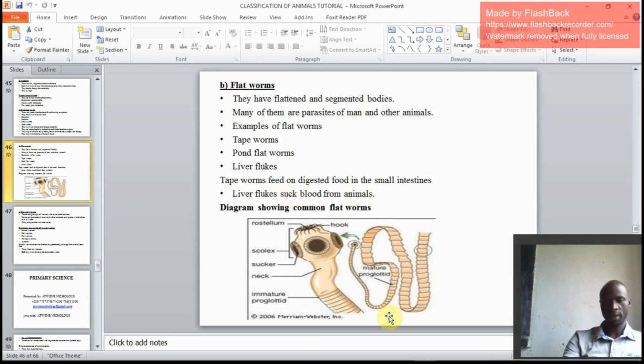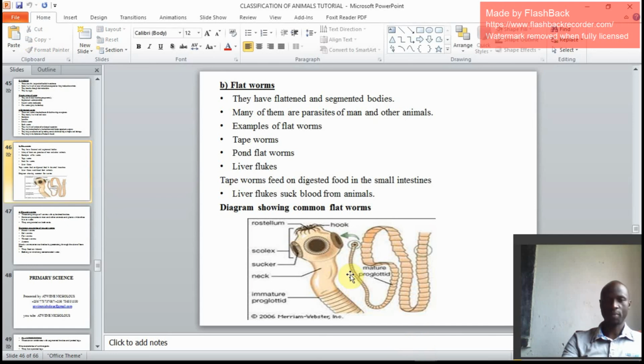This is a tapeworm. You need to know that the general name given to the head of a tapeworm is scolex. The tapeworm has hooks and suckers. Then we have the neck, then we can see the segments.